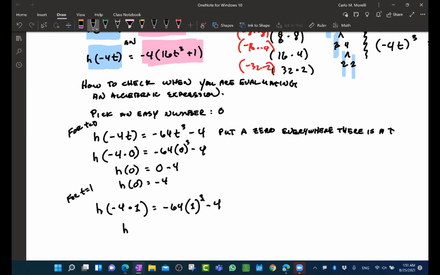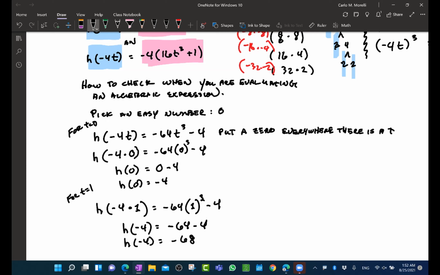So h of negative 4 equals, well, 1 times 1 times 1 is 1, times negative 64 is negative 64. So that's negative 64 minus 4. So h of negative 4 equals negative 68.